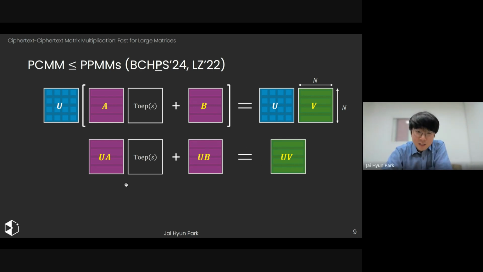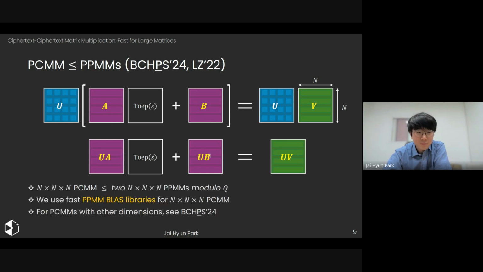So from this matrix equation, we can construct some ring algebra ciphertext that decrypts to UV. That means from the given ciphertext of V, we can construct the ciphertext that decrypts to the product matrix by doing 2 PPMMs.